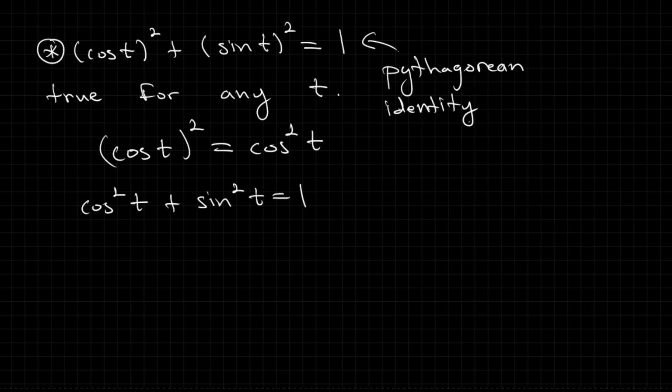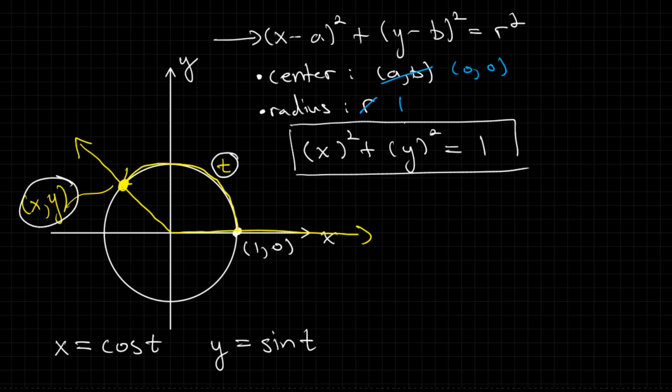Now a brief remark on why it's called the Pythagorean identity. We used the equation of a circle to figure out the Pythagorean identity. However, you can also use the Pythagorean theorem to figure this out as well. In order to do that, we would simply draw a right triangle. One side length would be x, because that's the x-coordinate.